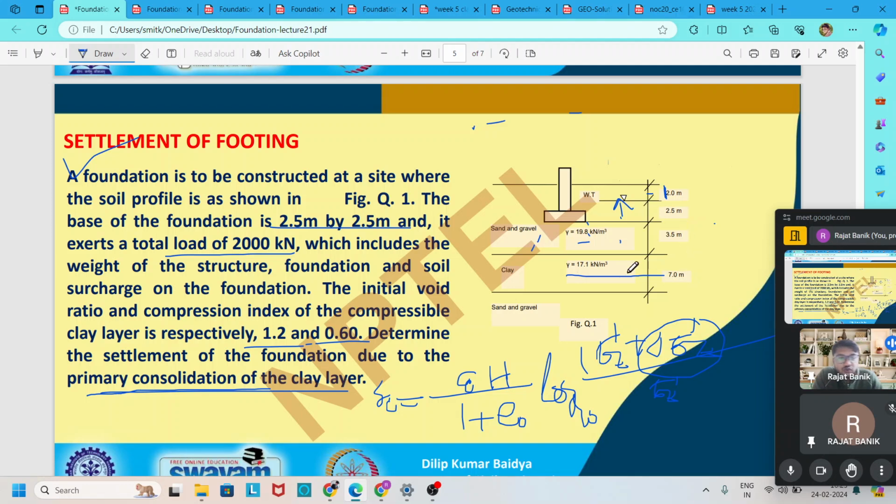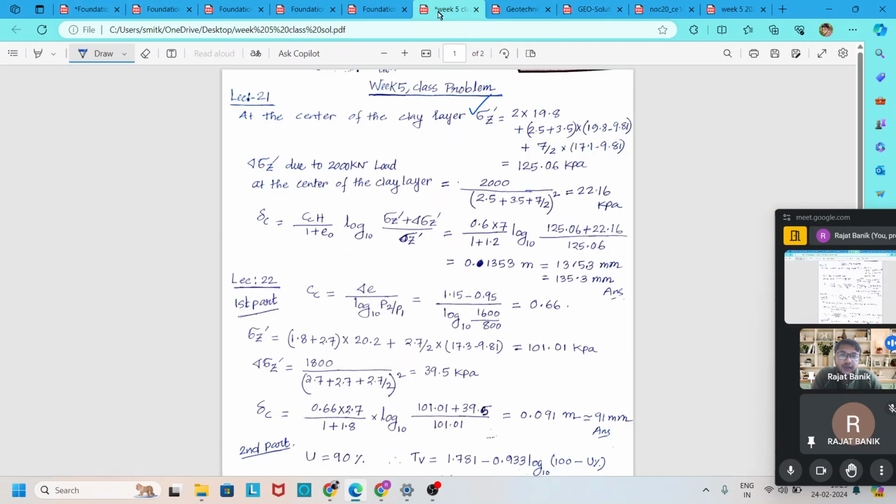So 7 by 2 into 17.1 minus 9.8. So it becomes our effective stress at the middle of the layer, which is nothing but 125.06 kPa.